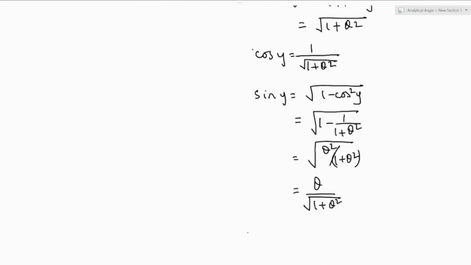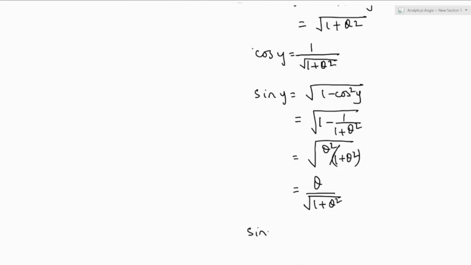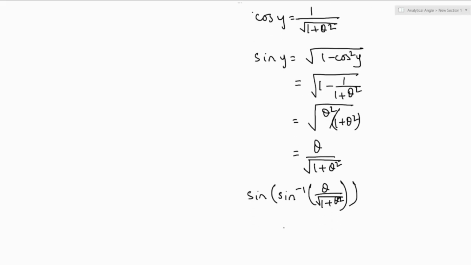It becomes sine of sine inverse theta by root 1 plus theta square. So again, basically the sine and sine inverse get balanced and it becomes theta by root over 1 plus theta square.